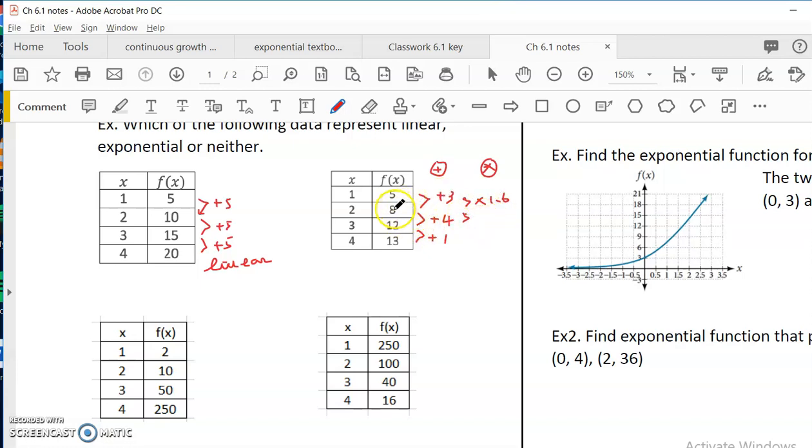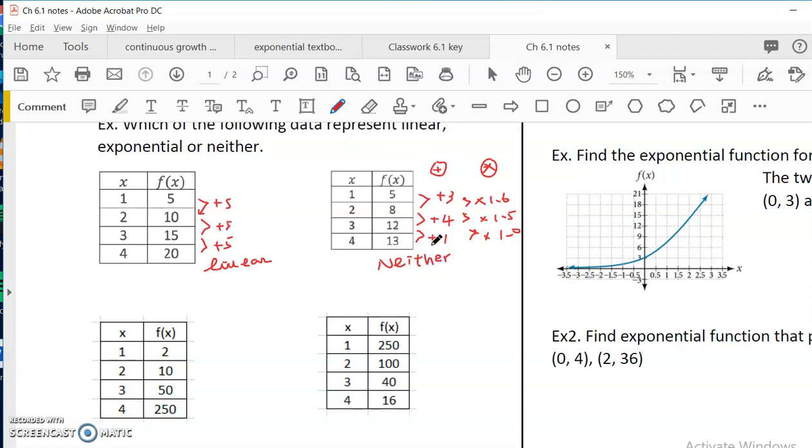What do you multiply from 8 to 12? 12 divided by 8 is 1.5. It is not a constant multiplication. And from 12 to 13, you multiply by 13 over 12, which is about 1.08. So it's neither exponential nor linear.